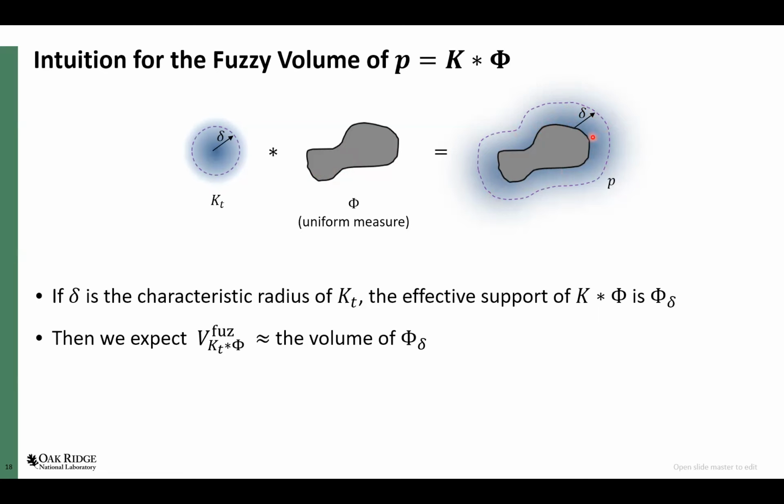So we would expect that this fuzzy volume is approximately equal to the volume of states that are within a certain distance delta, where delta is the characteristic radius of this kernel function. Okay, and so that's the intuition. In the next few slides, I'm going to go through a few arguments that this is actually the case.